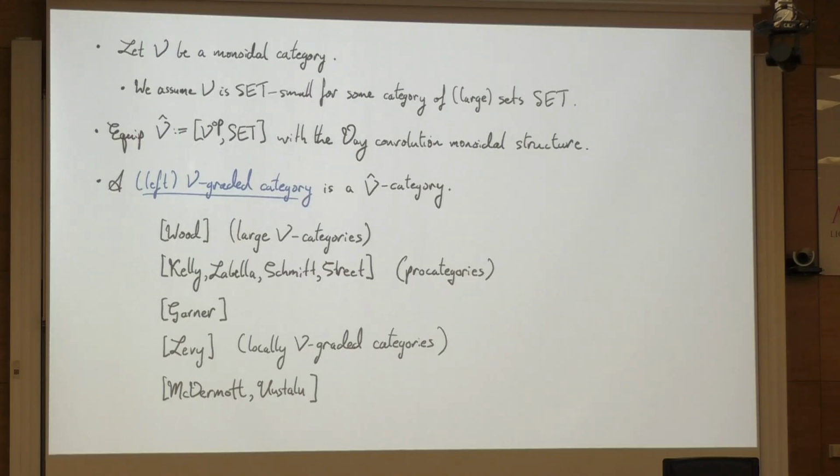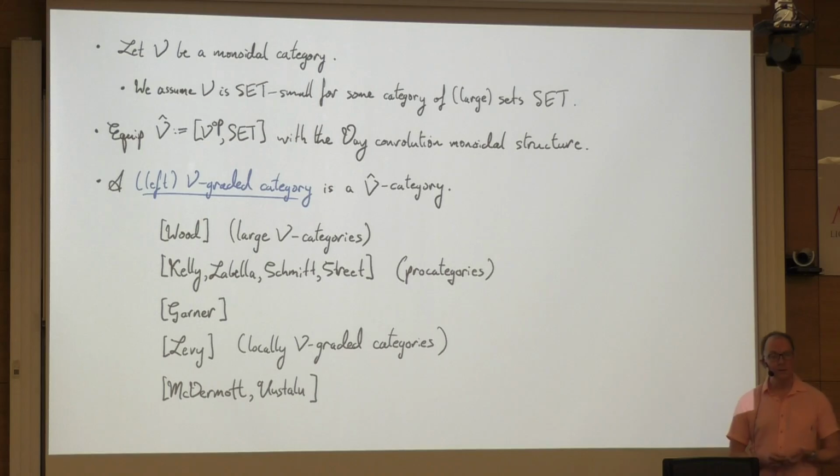All right. So first of all, to make a few remarks about what we'll do in this talk, I wanted to first mention some of the advantages of V-graded categories. Well, first of all, V-graded categories are certain enriched categories.